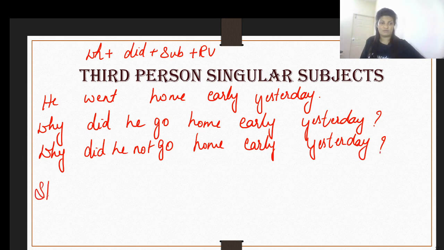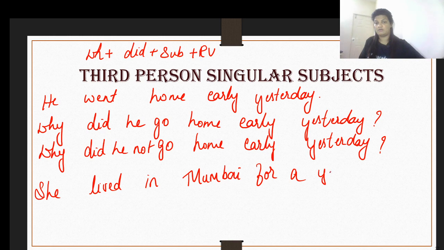Next is with she, with the subject she. She lived in Mumbai for a year. Full stop. How will you convert that into a question word? By introducing the WH word where and bringing in did. Where did she, the root verb of lived is live.